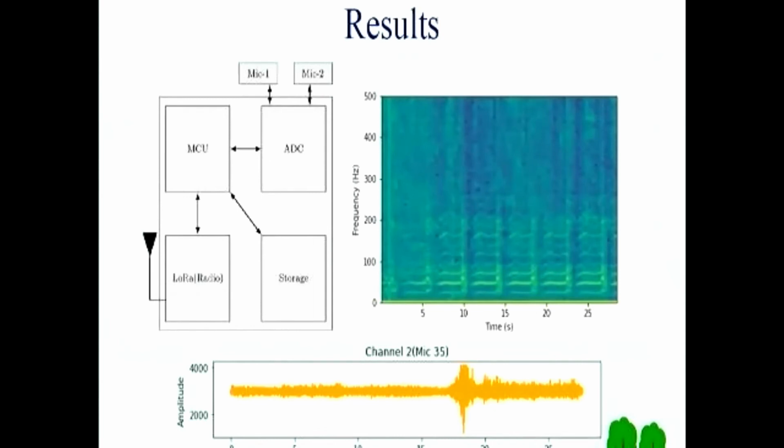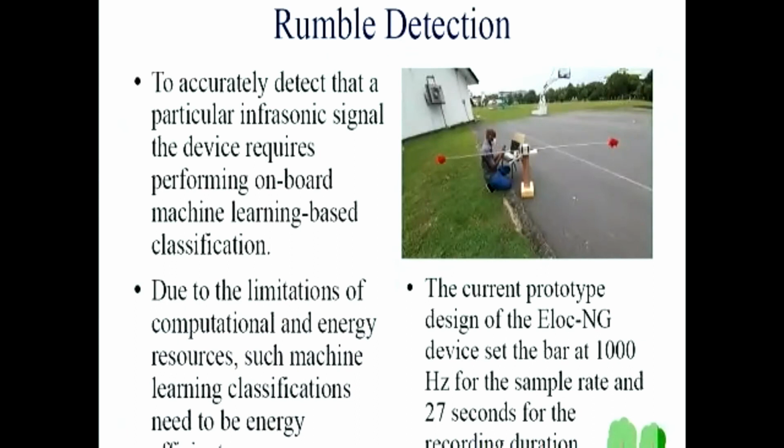diagram shows the rumbles that we detected so far in the preliminary test. To accurately detect the elephant rumbles, we need to perform some machine learning models and classification methods to correctly identify which kind of rumbles they use in their communication.